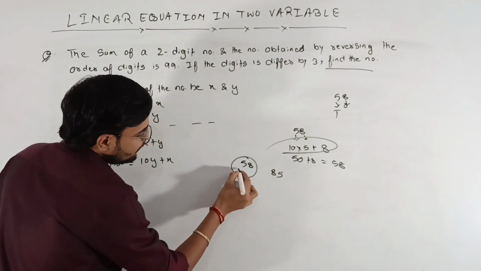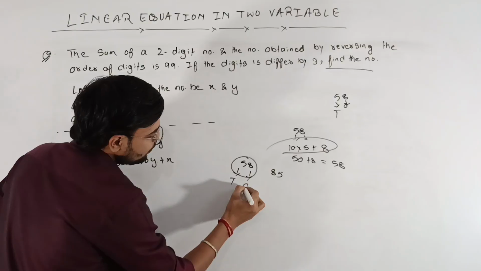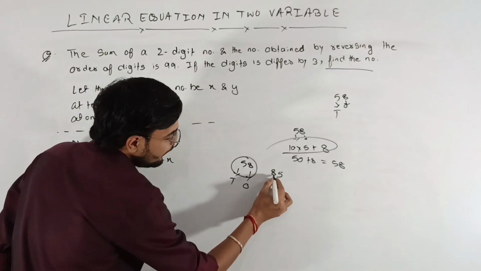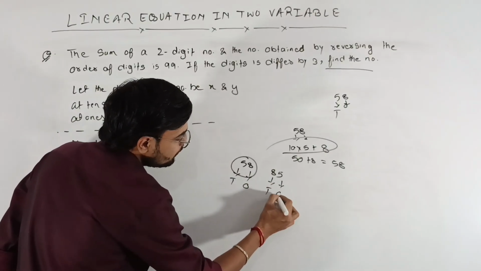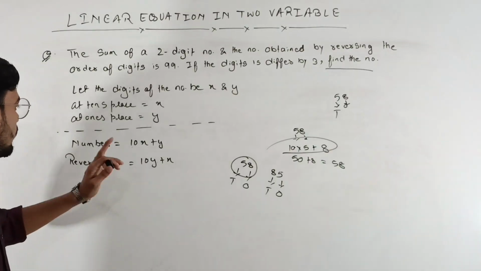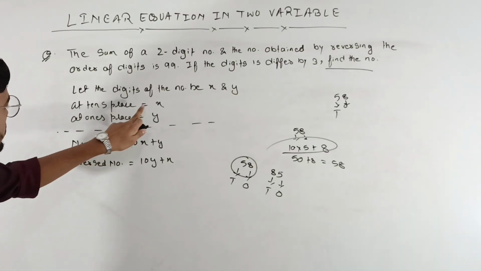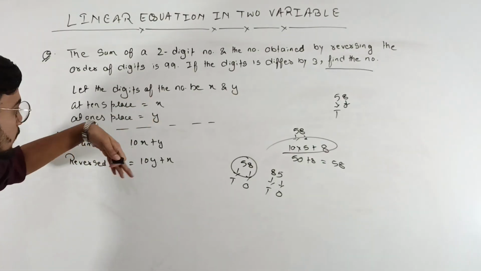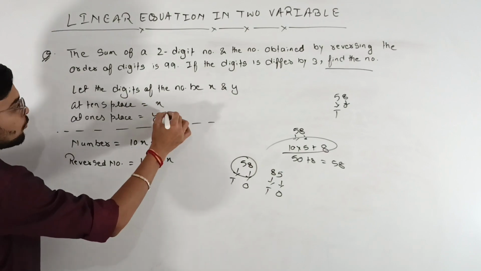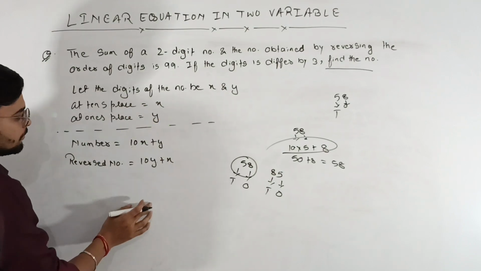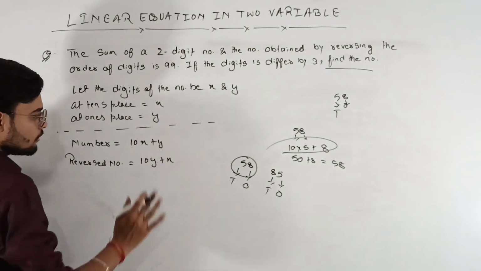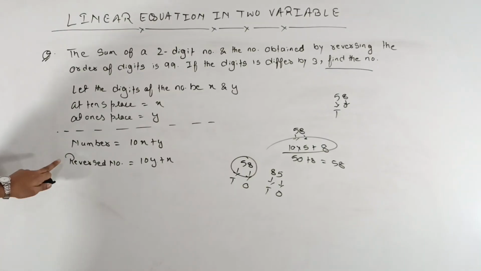Look at 58, 5 is at the tens place and 8 is at the ones place. When the digits reverse, 8 is at the tens place and 5 is at the ones place. So when the number is original, the tens place is x and the ones place is y. When reversed, y comes at the tens place and x comes at the ones place. That's why I write 10y plus x. Now this is my original number and this is my reverse number.